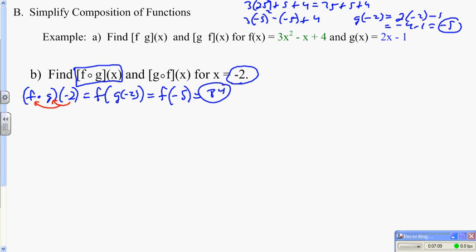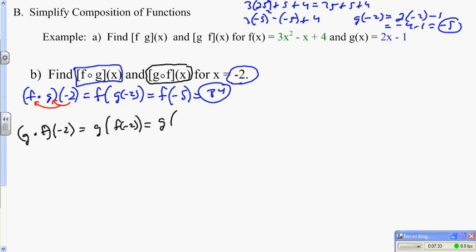Okay, now let's try the other direction. G composite f of negative 2 is the same as, again, order matters, so g of f of negative 2.